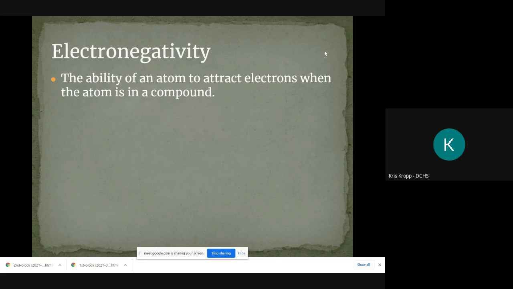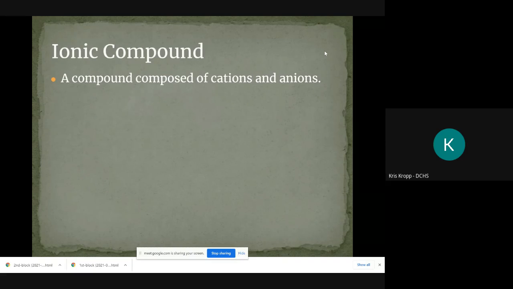So how strongly an atom attracts electrons is an important idea in determining the behavior of not only that atom, but whatever compound that atom is in. Okay. So as I just mentioned, we've got ionic compounds.